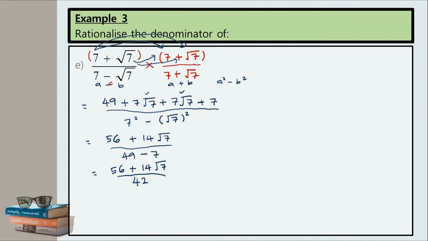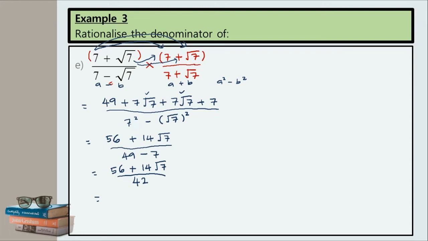Okay, after this we can simplify 56, 14 and 42. Okay, boleh try lah banyak-banyak kali kan, 2, 7. Okay, ataupun kalau kita check 56 and 42, okay, kita boleh divide dengan 14.